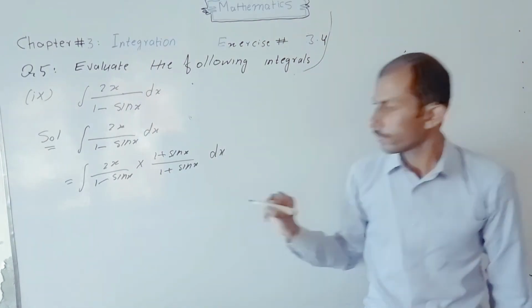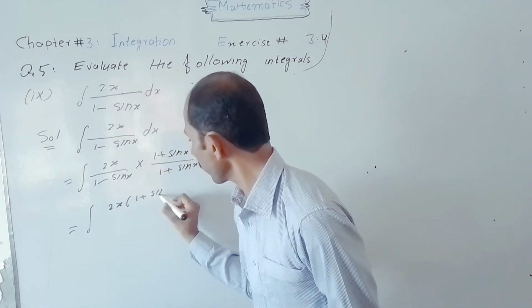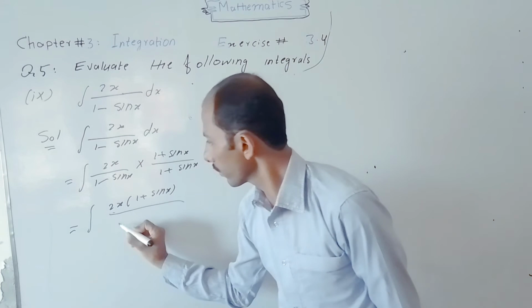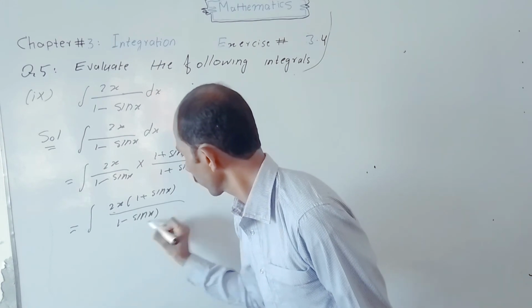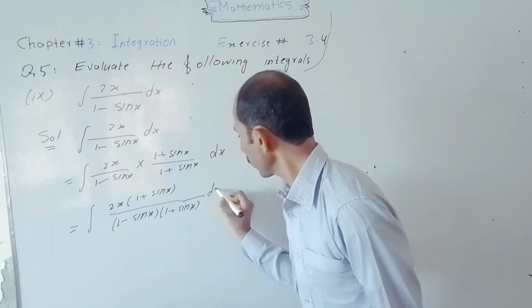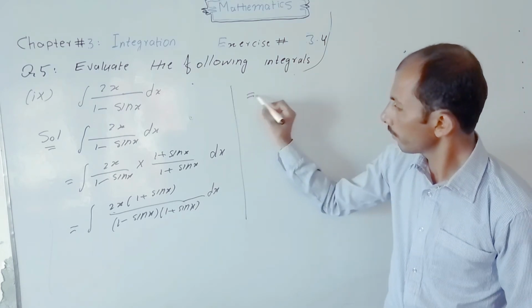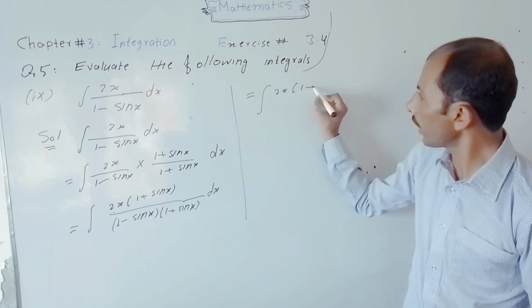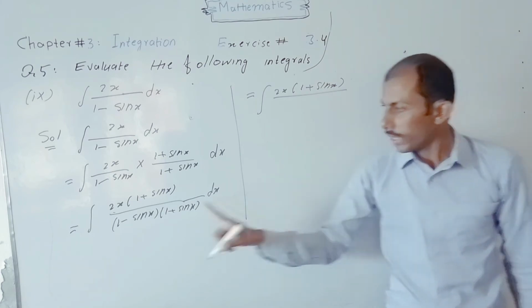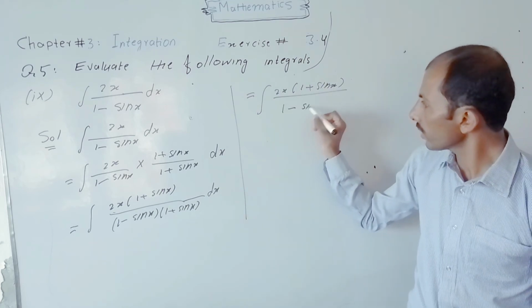which is equal to integral 2x into 1 plus sine x divided by 1 minus sine x into 1 plus sine x into dx, which is equal to 2x into 1 plus sine x divided by 1 minus sine x into 1 plus sine x, which is equal to 1 square minus sine square.